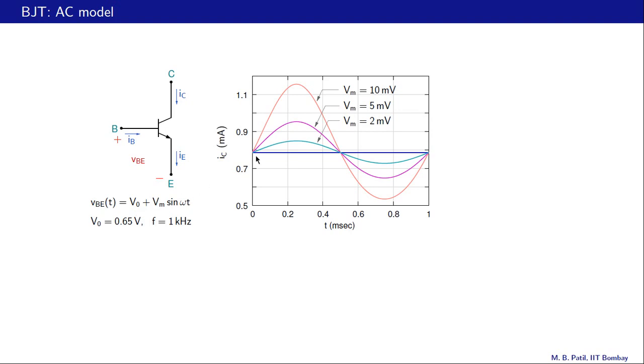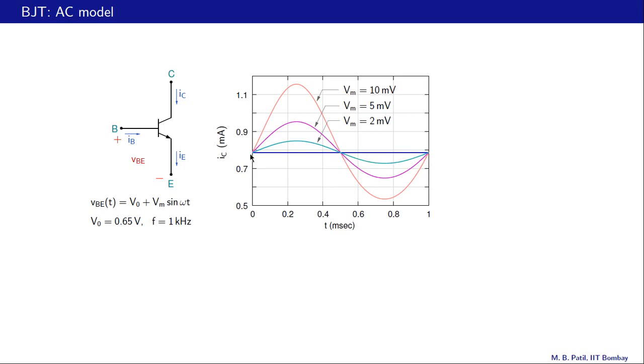And when the base emitter voltage goes below V0, then we expect the collector current to go below that IC DC value here, and that is what is happening.